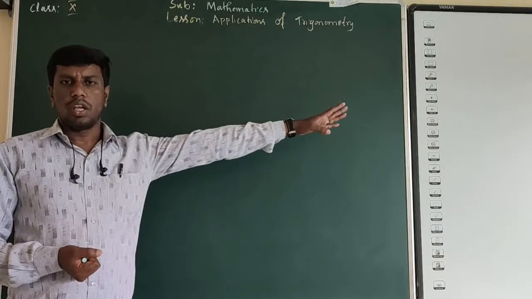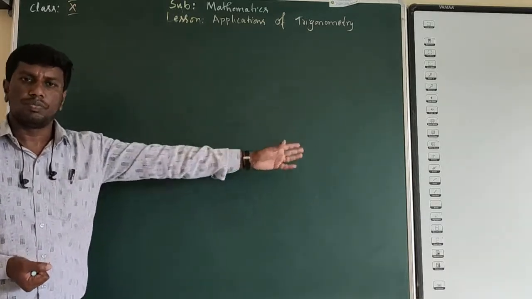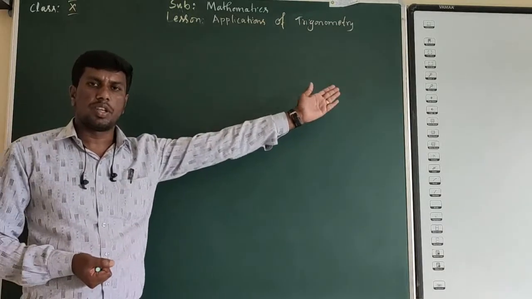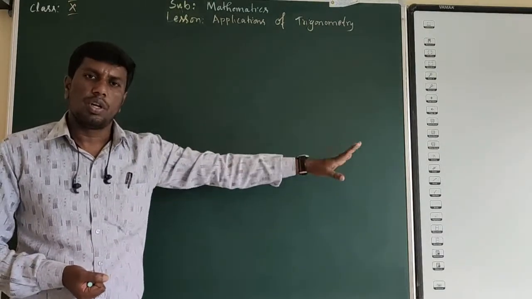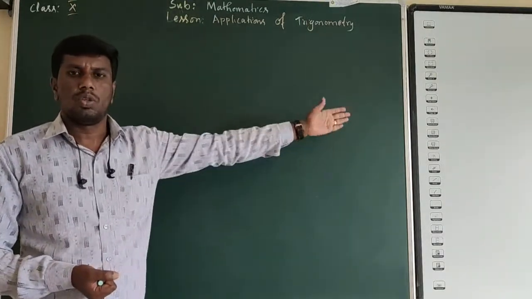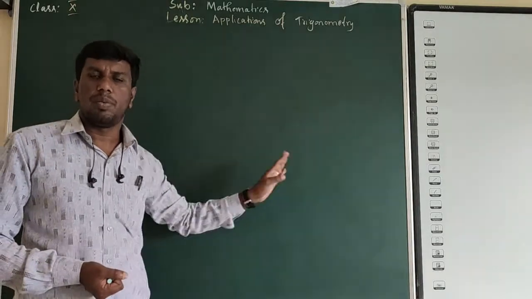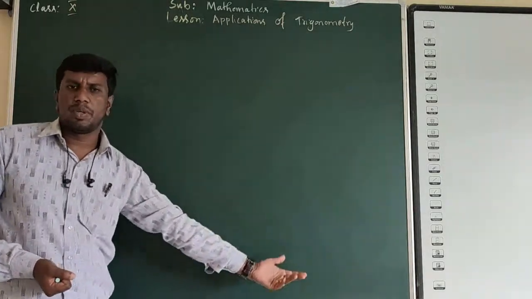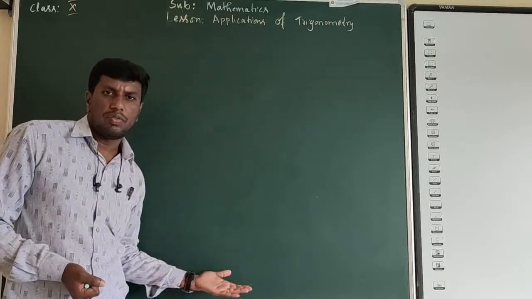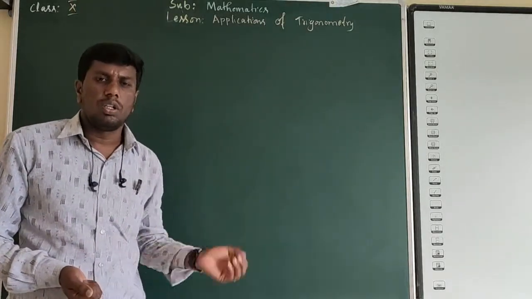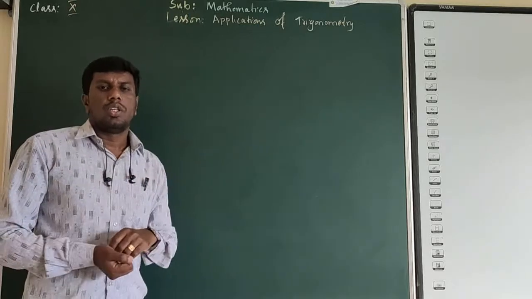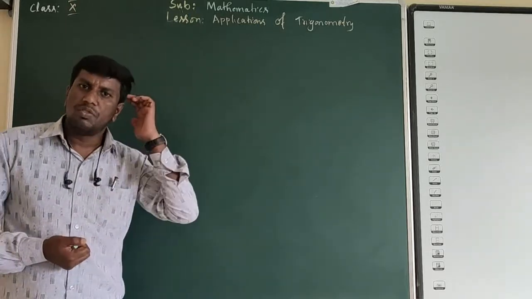Say sine A is equal to the opposite side by hypotenuse, opposite of angle A divided by hypotenuse. Then cos is equal to adjacent of angle A divided by hypotenuse. So these express the trigonometric functions in terms of ratios, and we have learned about the trigonometric ratios of some specified angles also.